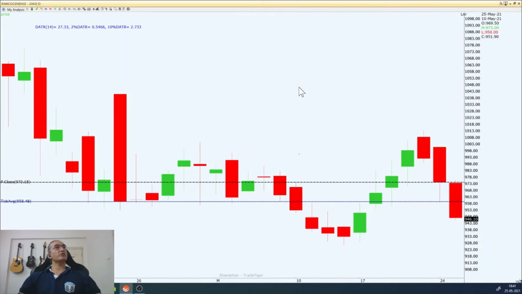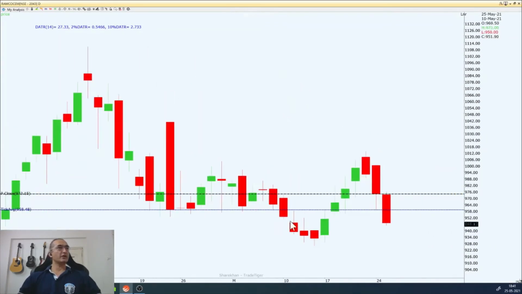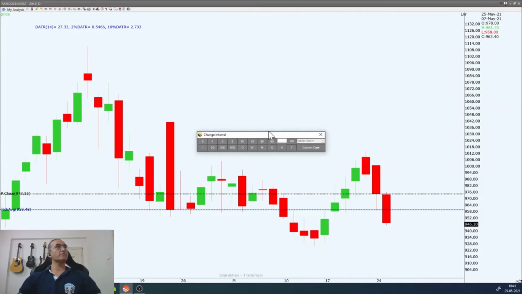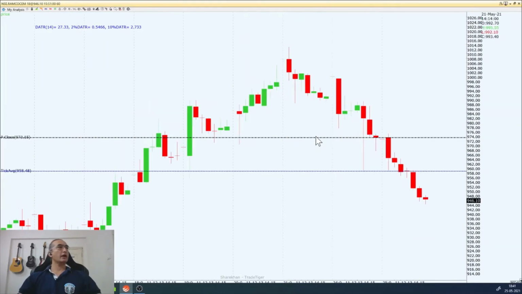Now, if you look at this particular candle here, this is a basing candle. If I apply that same logic on a different chart, let's go to a 60-minute chart, right? And go back a little bit. There is a basing candle here from where the stock has shot up, right?